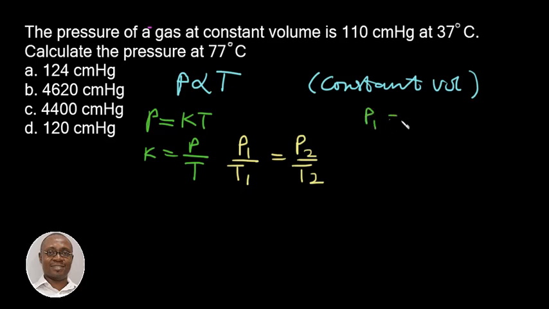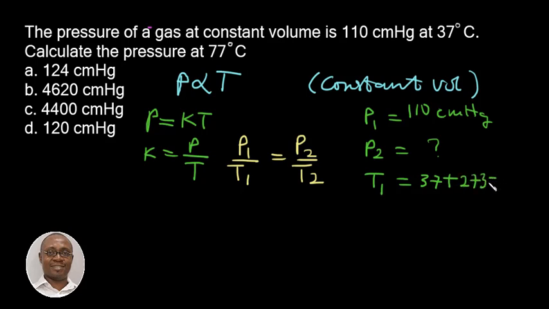For P1, we were given 110 centimeter mercury. Then for P2, which is unknown, that is what we are looking for. Then for T1, we're given 37 degrees Celsius, but for Kelvin temperature we need to add 273, and that will give us 310 Kelvin.